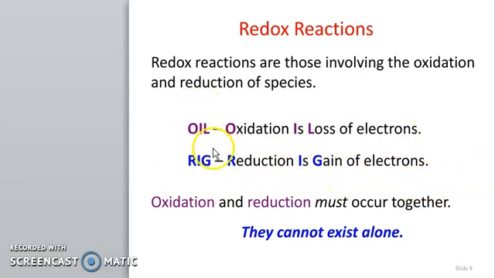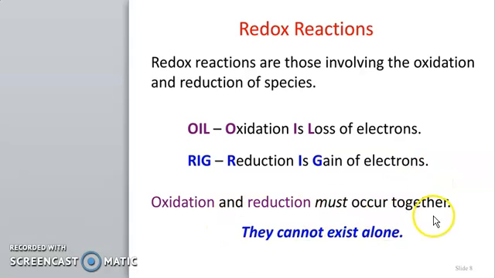OIL RIG, these are some short tricks for our understanding, so we have to remember what is oxidation and what is reduction. OIL, oxidation is loss of electrons, and RIG, reduction is the gain of electron.